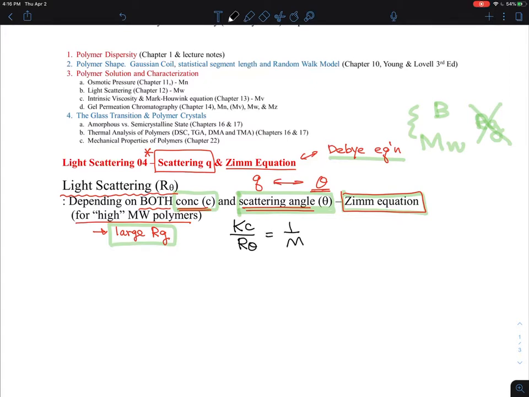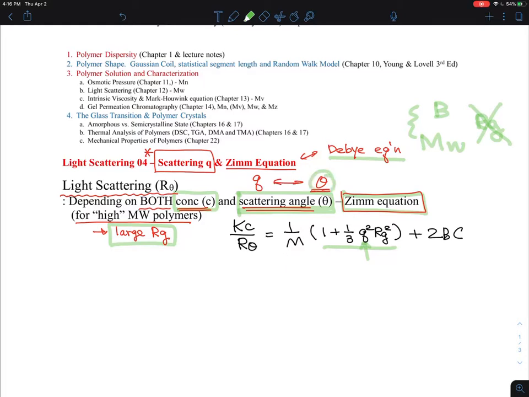The Zimm equation follows the same method, but now 1 over molecular weight has to be multiplied by 1 plus 1/3 Q squared RG squared, plus 2BC. So you have this quote-unquote correction term, or extra term, when compared to the Debye equation. Now I need to talk to you about what Q means, and once again Q came from the scattering angle theta.